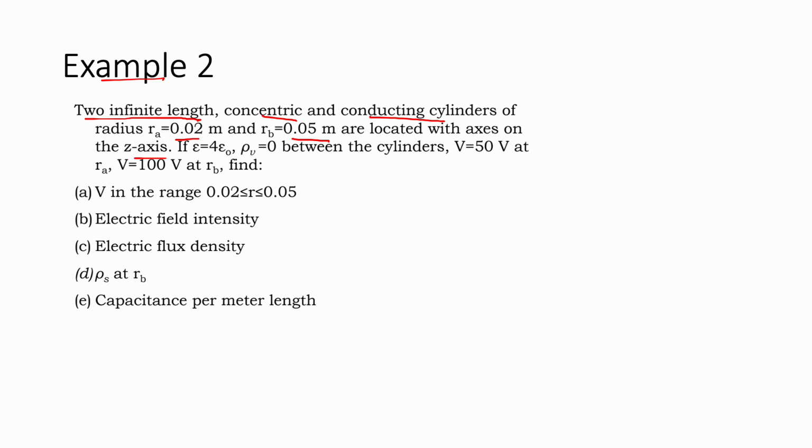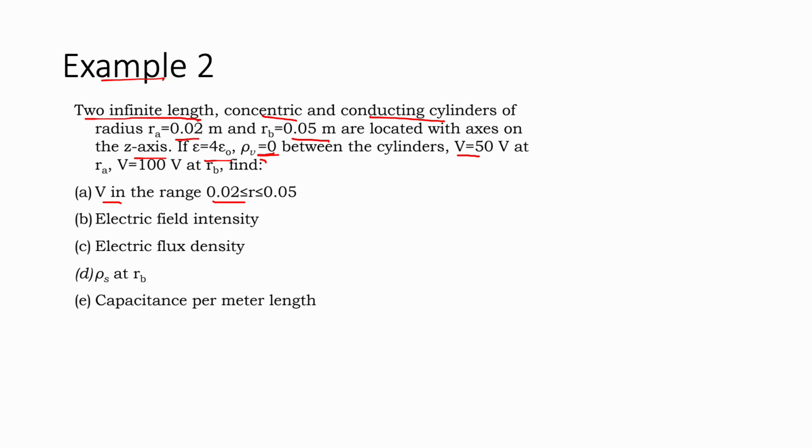If epsilon is equal to 4 epsilon naught as well and rho v is equal to 0, so straight away we are able to use Laplacian. Between the cylinders, V is equal to 50 volts at RA and V is equal to 100 volts at RB. We need to find V in the range of 0.02 radius until 0.05 radius.